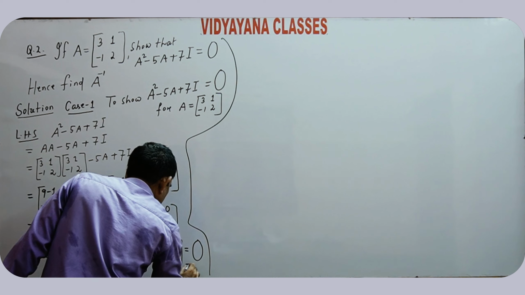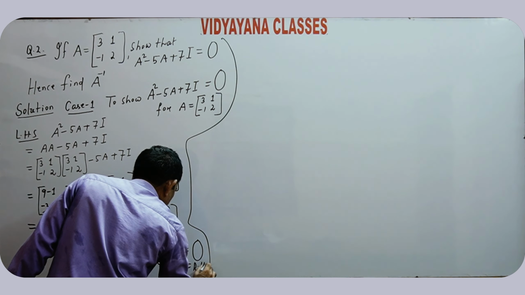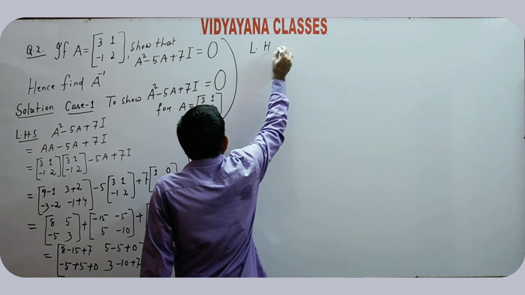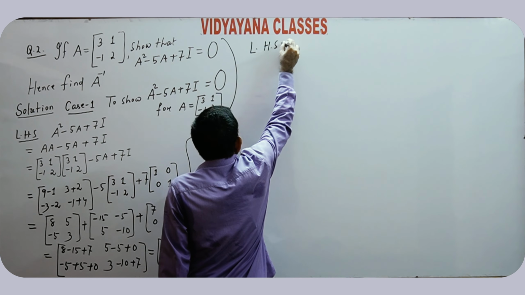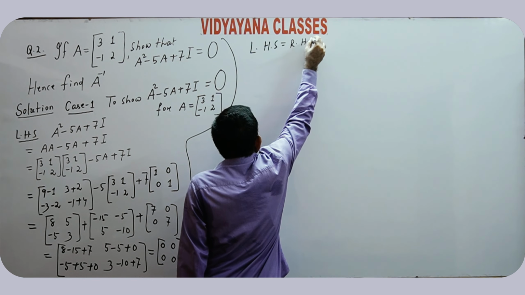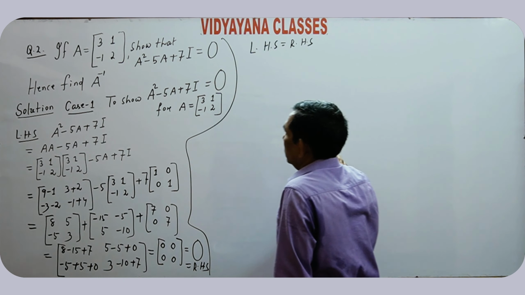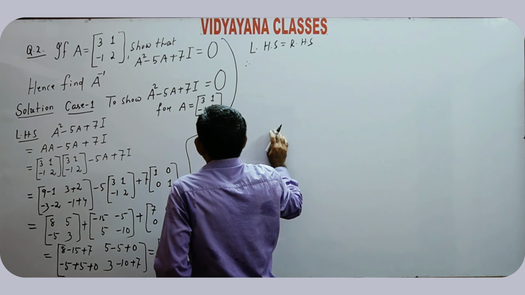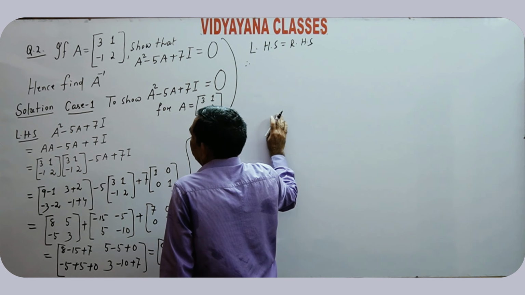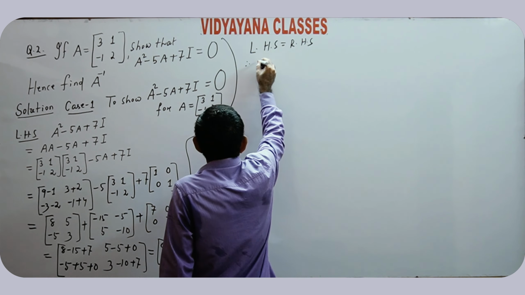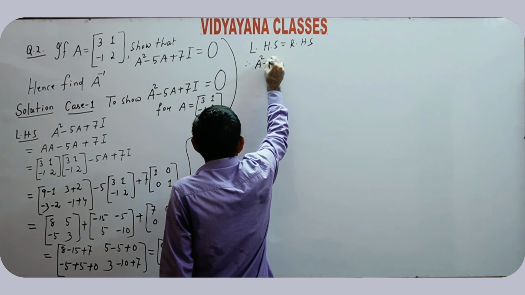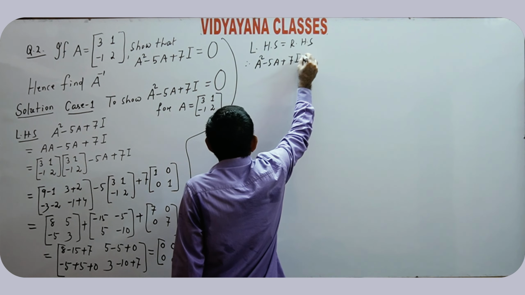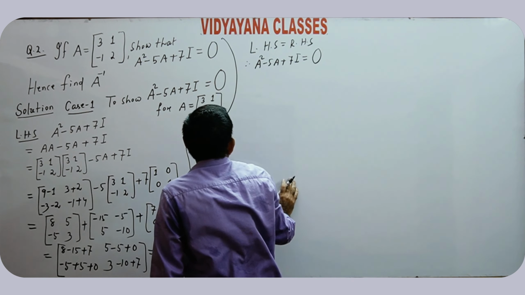Therefore A square minus 5A plus 7I is equal to 0 matrix.